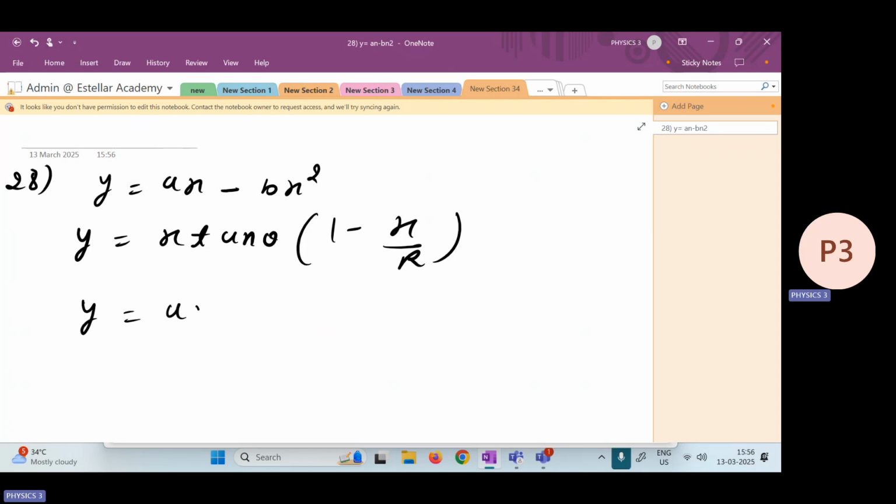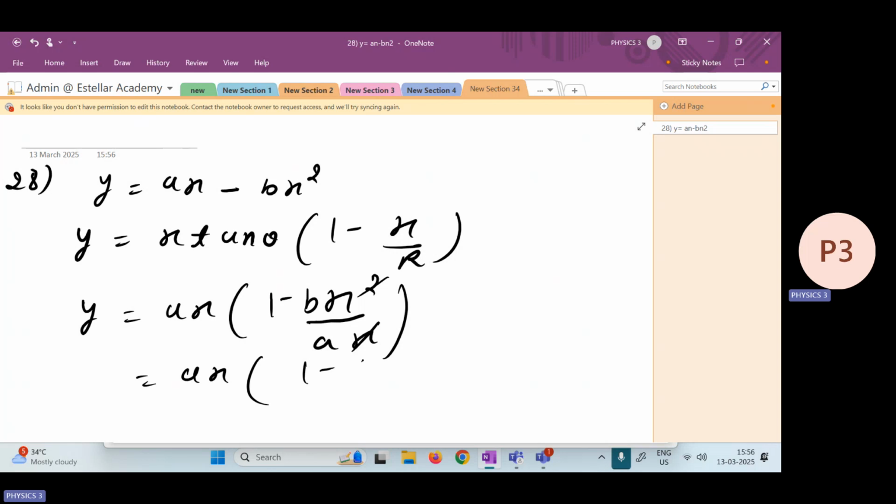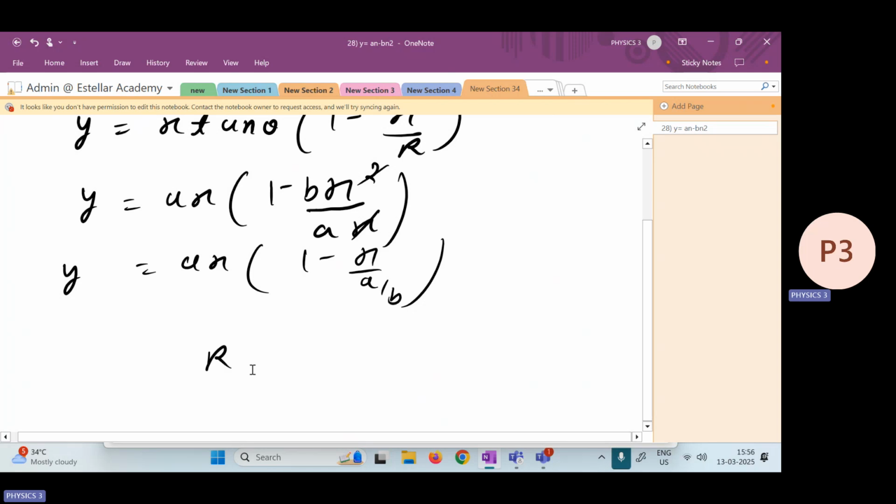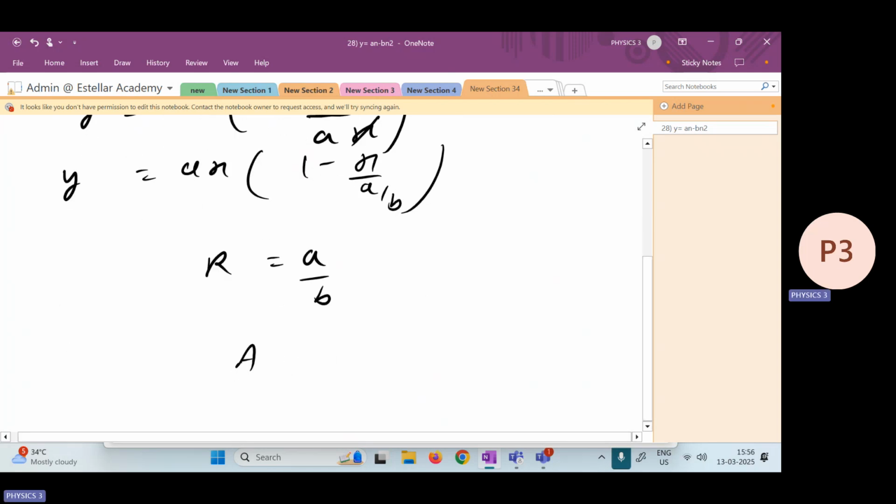So that would be y is equal to ax into 1 minus bx square upon ax. So this x got cancelled out. That comes out to be ax into 1 minus x upon a by b. So we can clearly see in place of horizontal range, we have this a by b. So A option which says a by b would be correct, right?